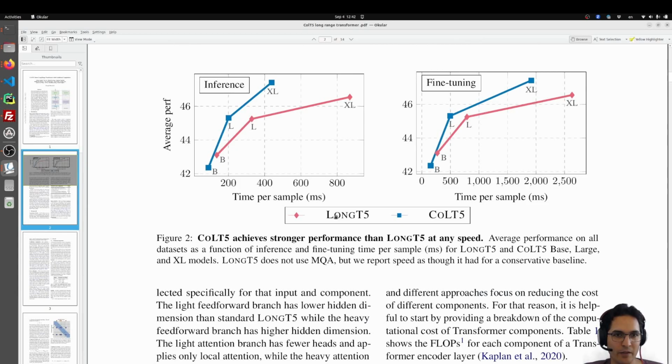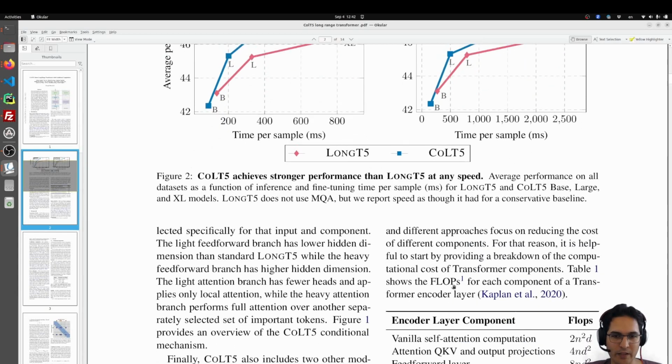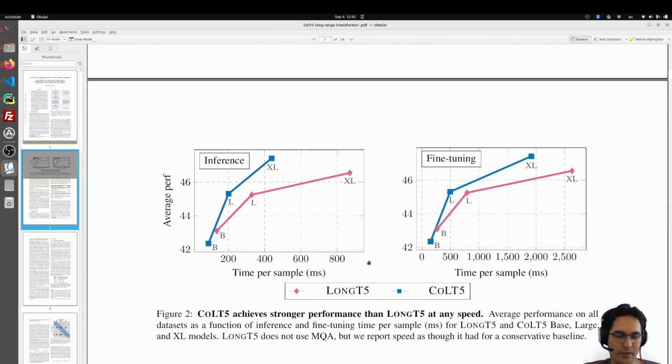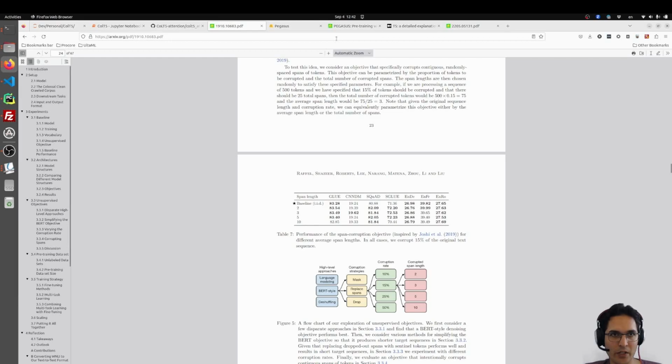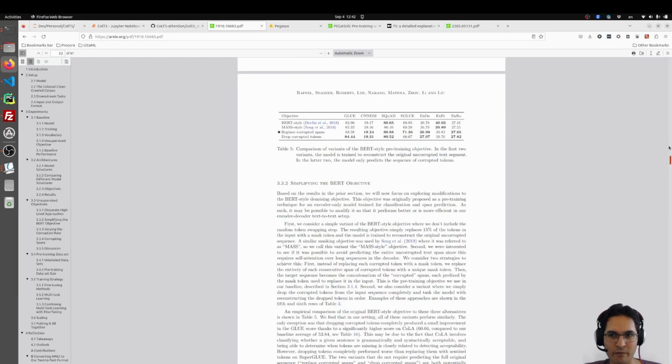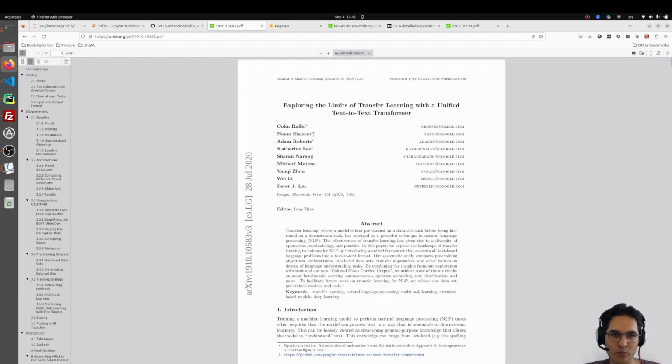I think let's just start with this training paradigm, then we can go to the FLOPs and wrap this up. For understanding this, we need to know the T5 training. Let me bring up the T5 paper. This is the T5 paper from 2020, Exploring the Limits of Transfer Learning with a Unified Text-to-Text Transformer.